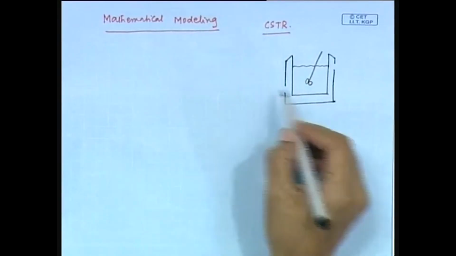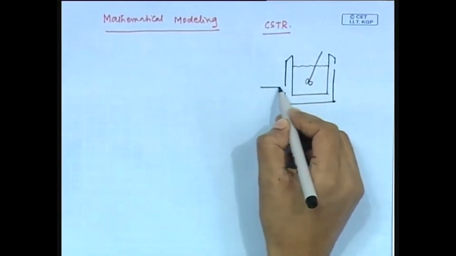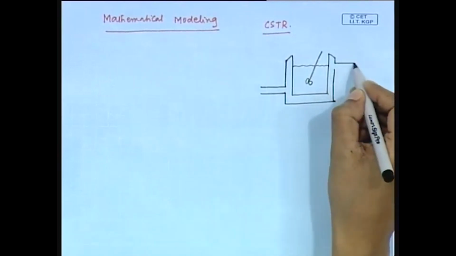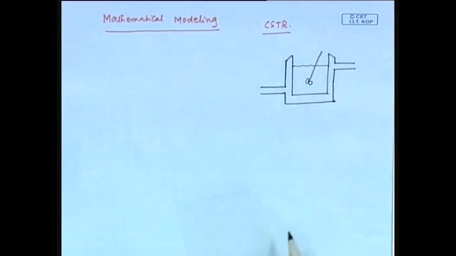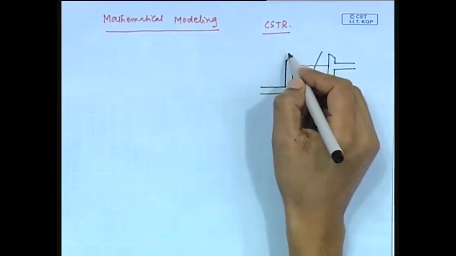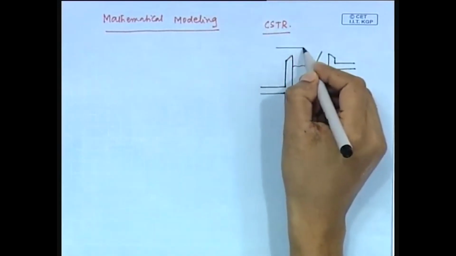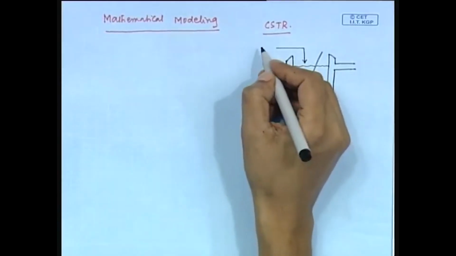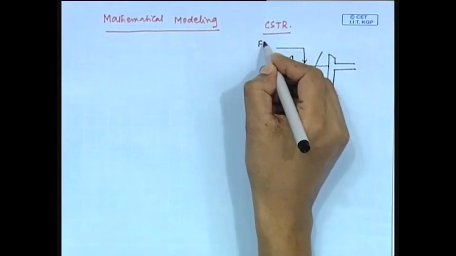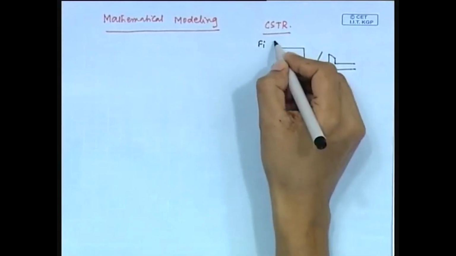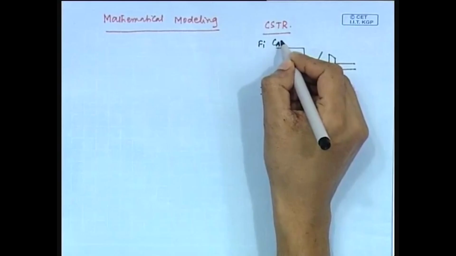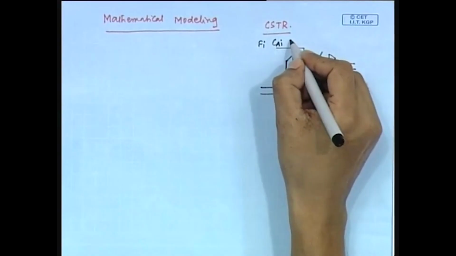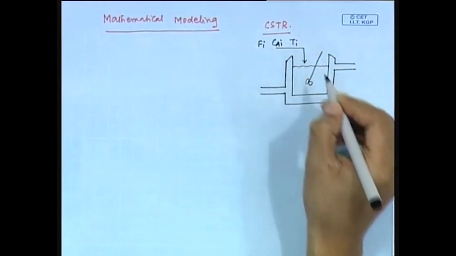Now, one medium is introduced here and that medium is coming out here. First of all, the feed which is entering the reactor has the flow rate of Fi, the concentration of the feed is Cai and the temperature is Ti.